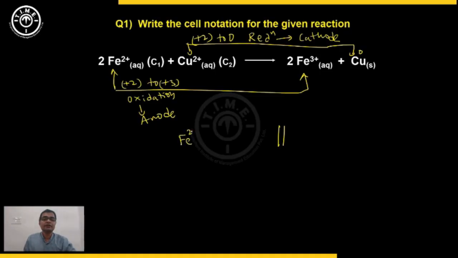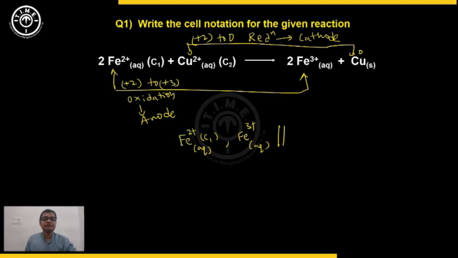Now you see, in the electrolyte Fe2+ ion is there, in aqueous state, with its concentration C1 mentioned in a small bracket. Fe2+ ion in aqueous state and Fe3+ ion is also in aqueous state. Anode reaction: Fe2+ to Fe3+, also in aqueous state. Both ions are in aqueous state only in the electrolyte.